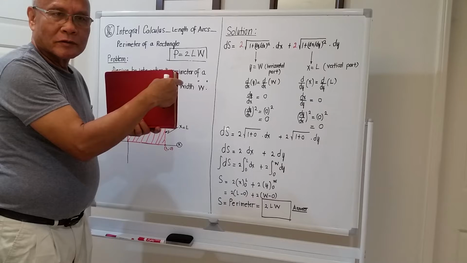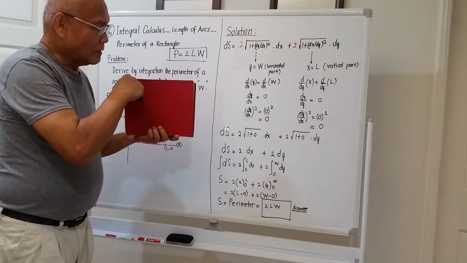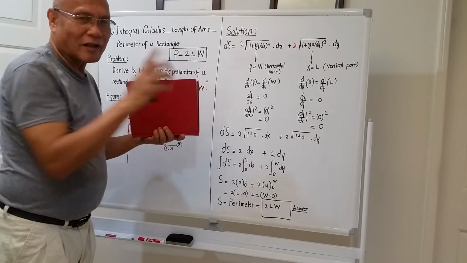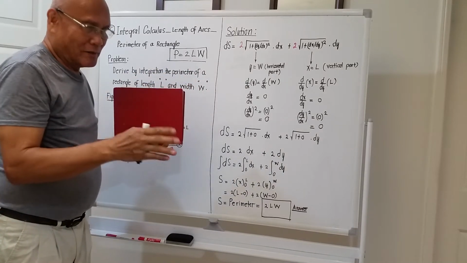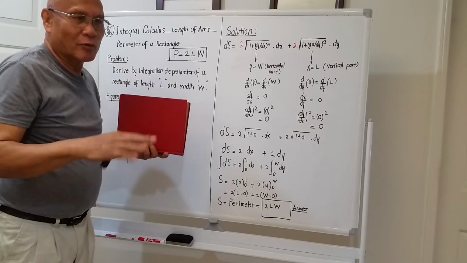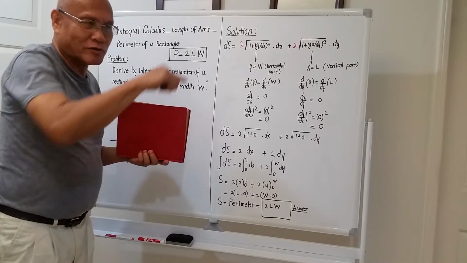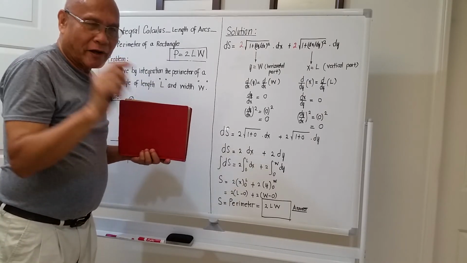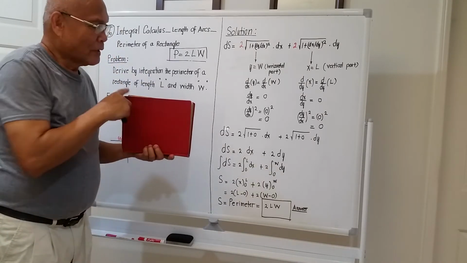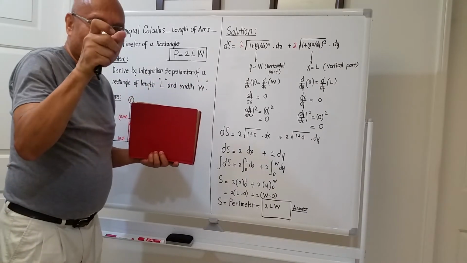So we will try to solve the perimeter, the total distance going around. We call it a perimeter for a rectangle, because for a circle, we don't call it a perimeter, we call it circumference because it is round. But for a rectangle or a square, the total distance going around is termed perimeter.